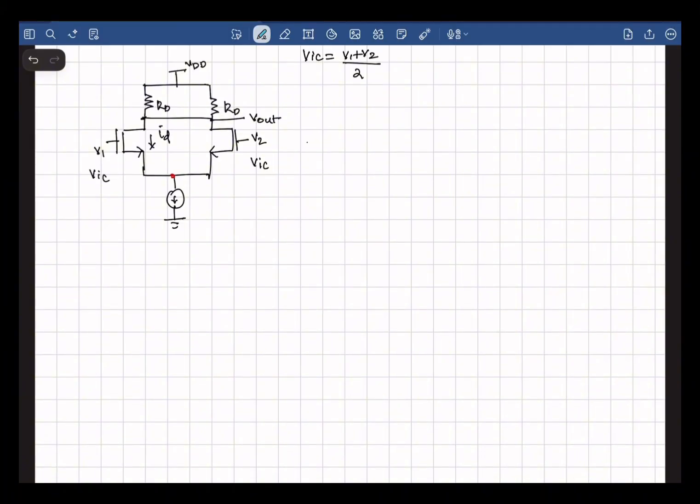Both the RDs are in parallel, so this would be RD by 2, the output is taken here, VIC, and if this is called I naught.